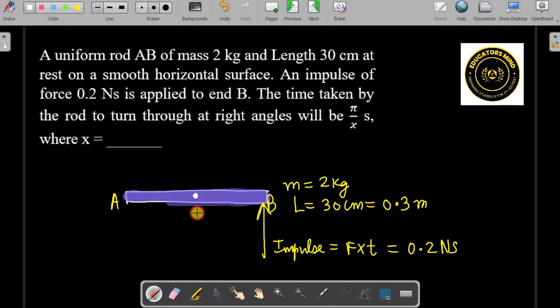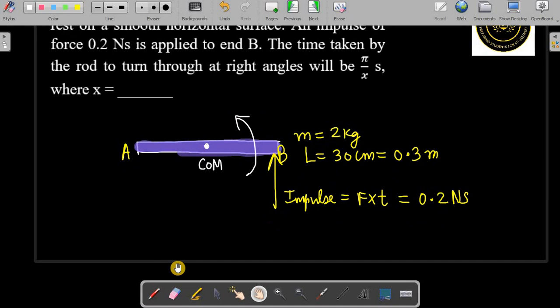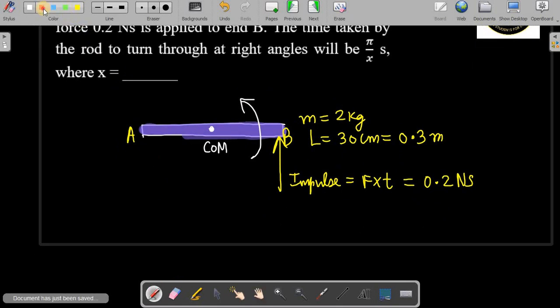So this is the center of mass. About the center of mass, let's consider rotation. Rotational effect will be there. Of course the center of mass is also going to move, there will be free motion of the center of mass as well. But we are going to only consider the rotation because they are asking the time to rotate through right angles. Okay, so omega we need to calculate.